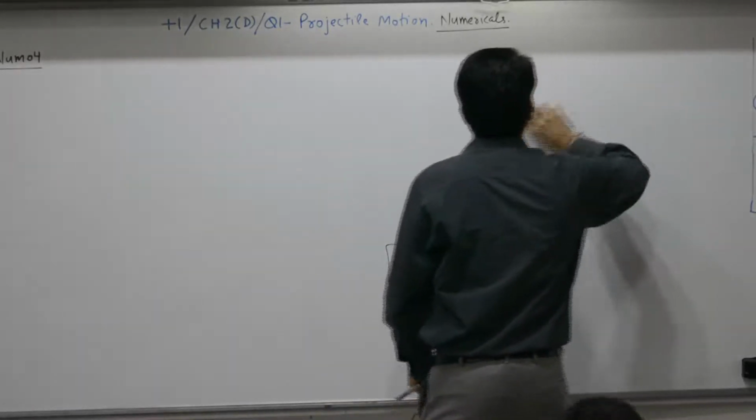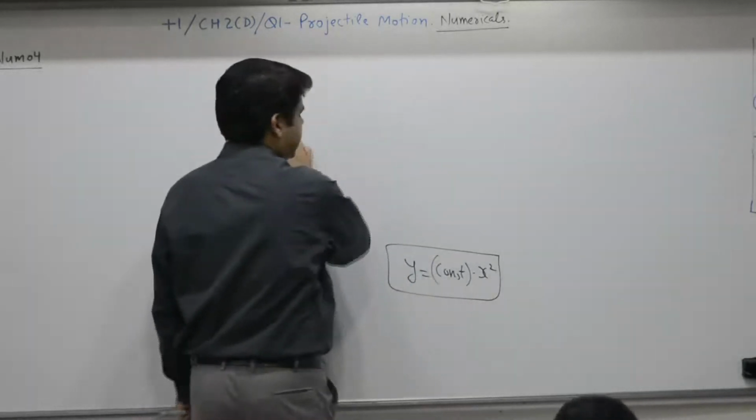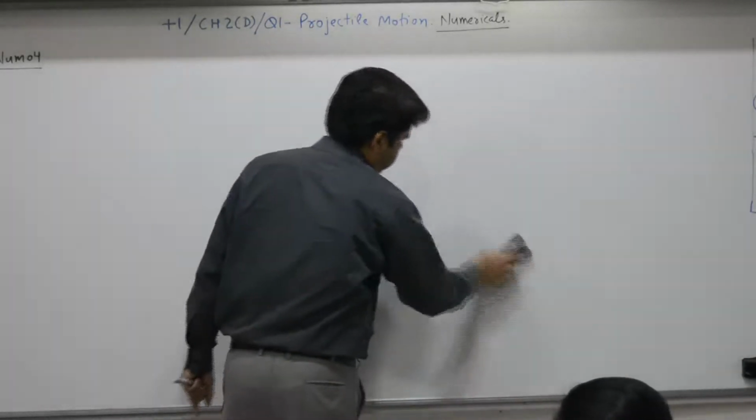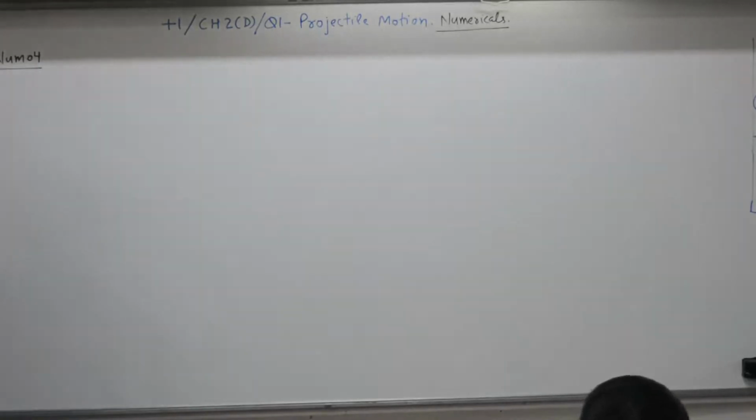No, the particle is not fired horizontally. Question is, numerical is, a body is projected downward at an angle of 30 degree to the horizontal with a velocity of 9.8 meter per second from the top of a tower 29.4 meter high. How long will it take before striking the ground? Same question. A body is projected downward.